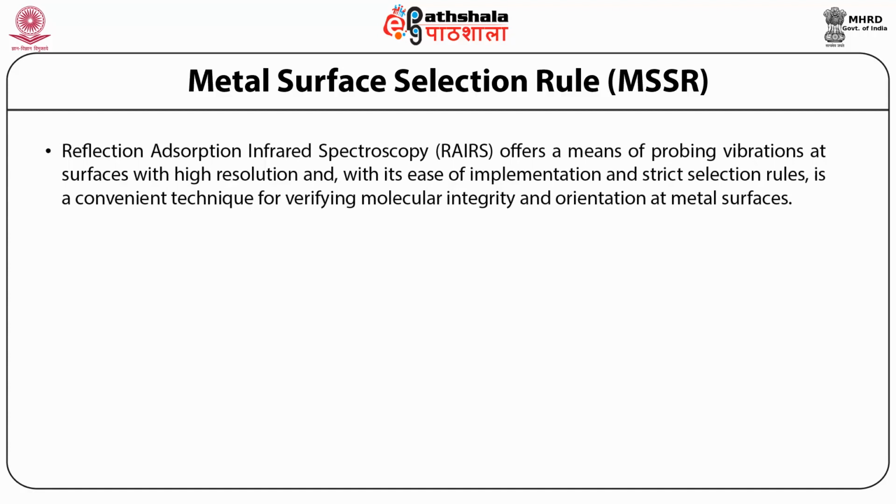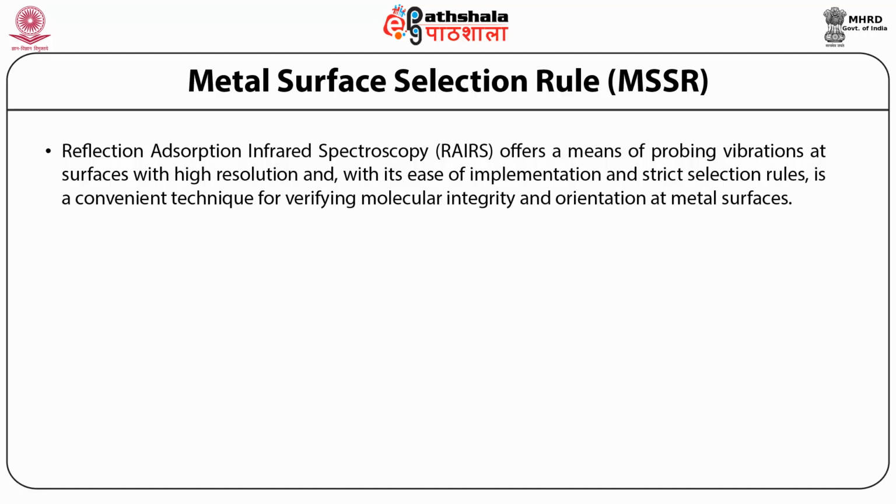Reflection adsorption infrared spectroscopy offers a means of probing vibrations at surfaces with high resolution, and with its ease of implementation and strict selection rule, it is a convenient technique for verifying molecular integrity and orientation on metal surfaces.